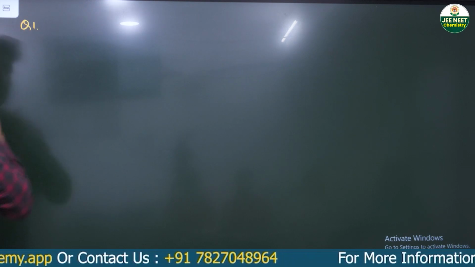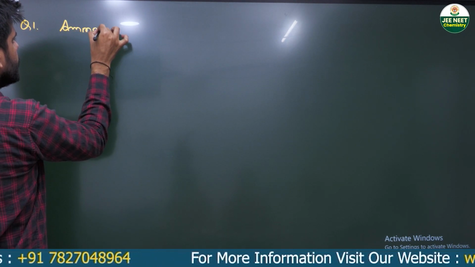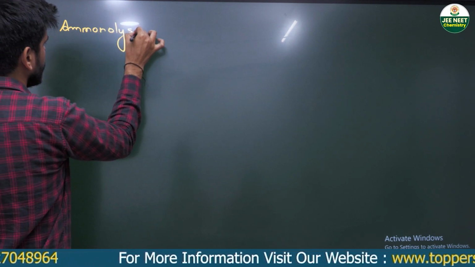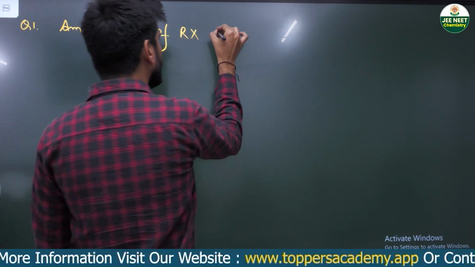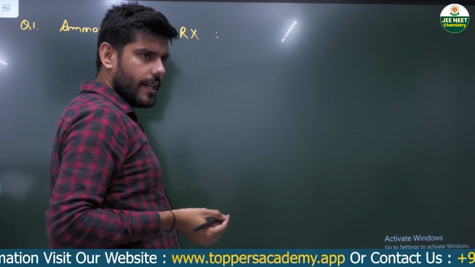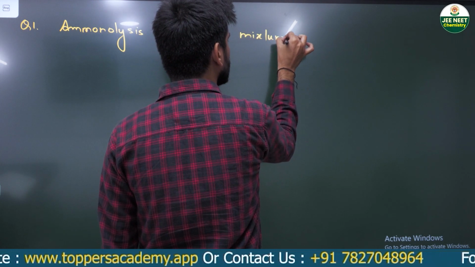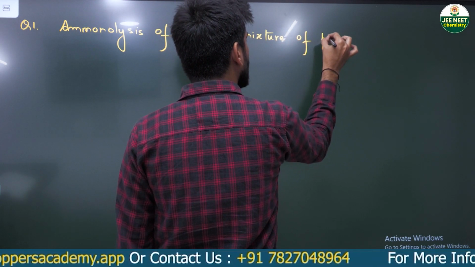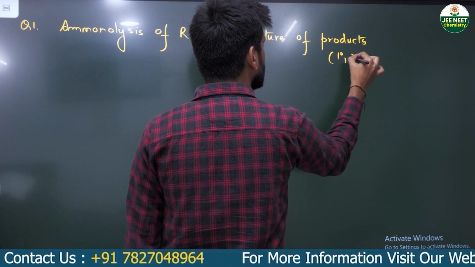We discussed the ammonolysis of alkyl halide. Remember? So basically it is having a disadvantage. Why? Because we are getting a mixture of products, that is 1 degree, 2 degree and 3 degree.